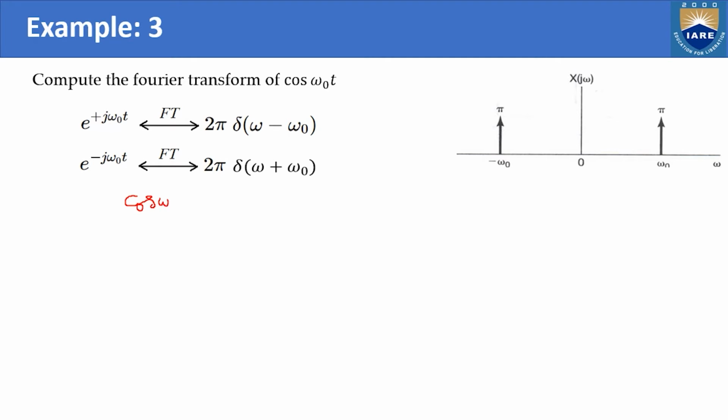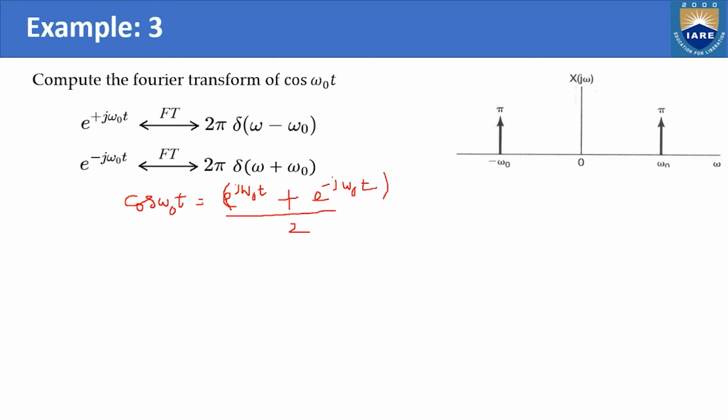Cos omega naught t equals e to the power of j omega naught t plus e to the power of minus j omega naught t, divided by 2. This is what we have.